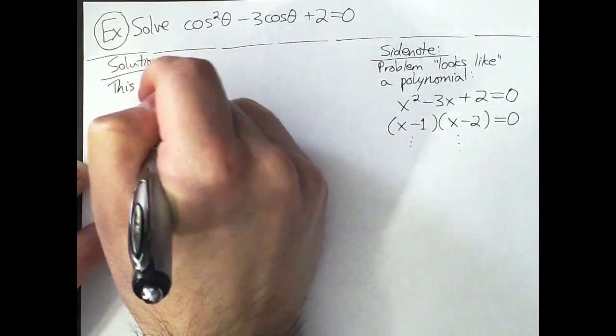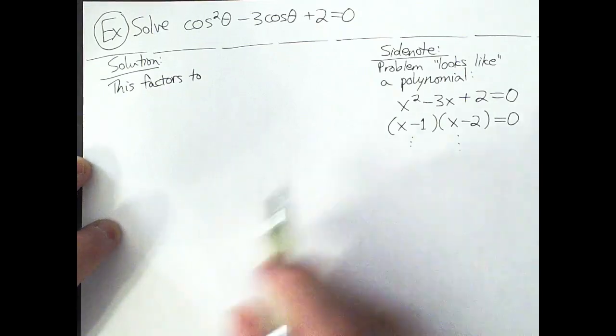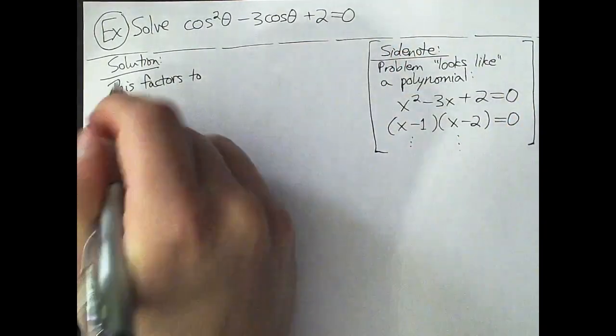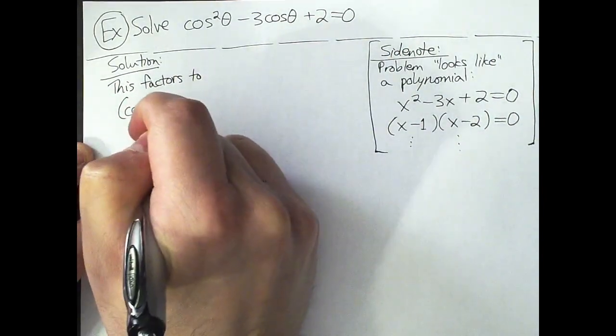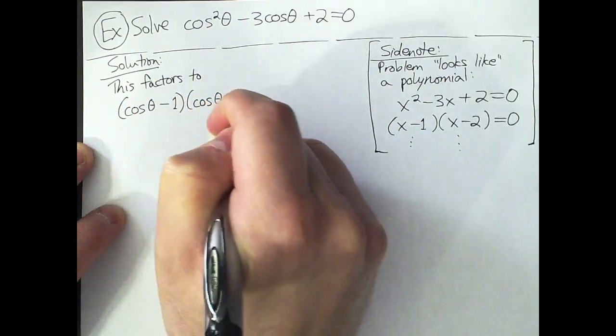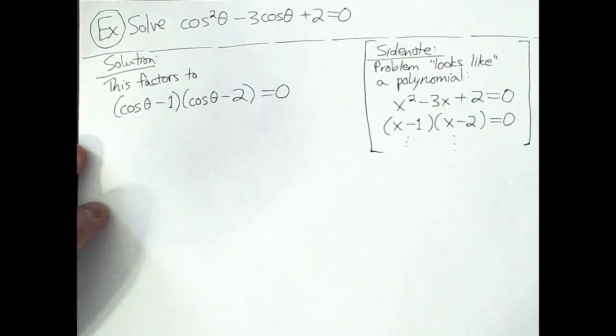We're going to factor. So the stuff that we did off to the side as a side note, maybe you actually could just consider that scratch work, because that sort of shows us that this problem factors to cosine theta minus 1, cosine theta minus 2 equals 0. Pretty cool.